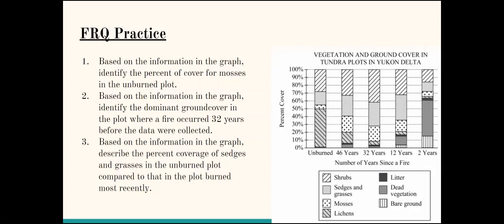Question 2, based on the information in this graph, identify the dominant ground cover in the plot where a fire occurred 32 years before the data was collected. And for question 3, based on the information in this graph, describe the percent coverage of sedges and grasses in the unburned plot compared to that in the plot burned most recently.